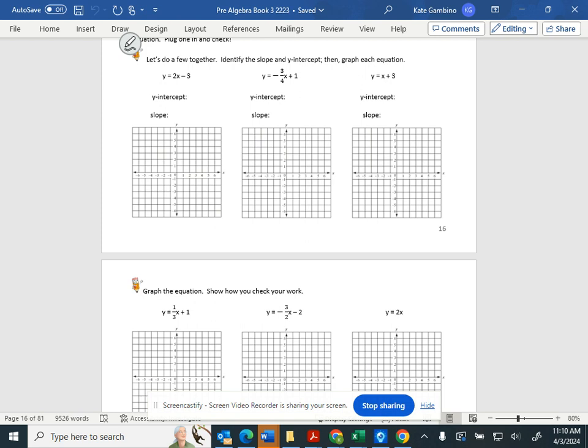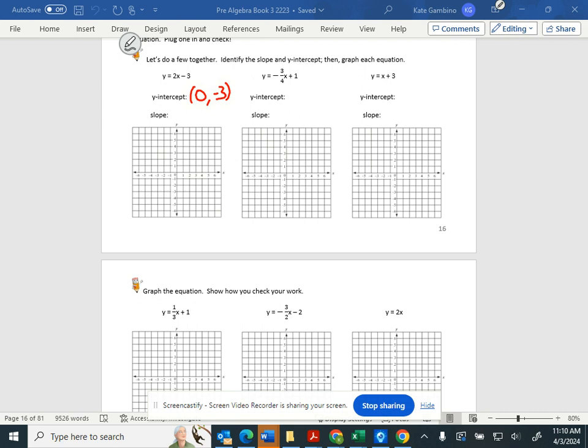Nope. Kaylin? That's part of it. Remember when we talked about y-intercept and x-intercept? So if it's the y-intercept, where does that 0 have to be? The 0 has to be with the x, and then a negative 3.